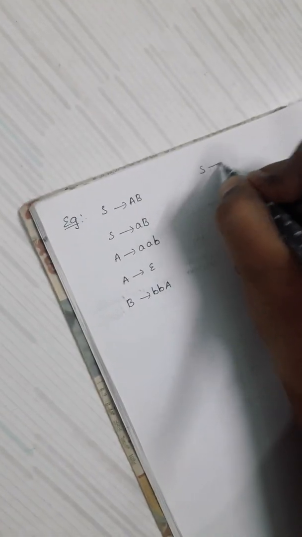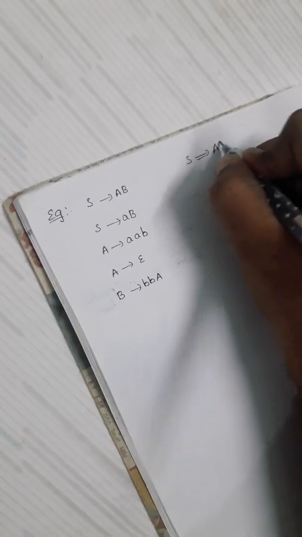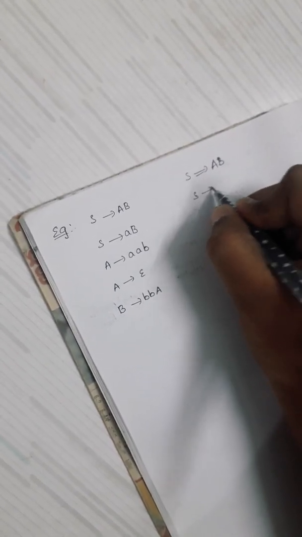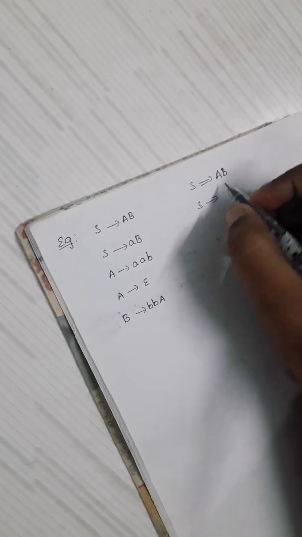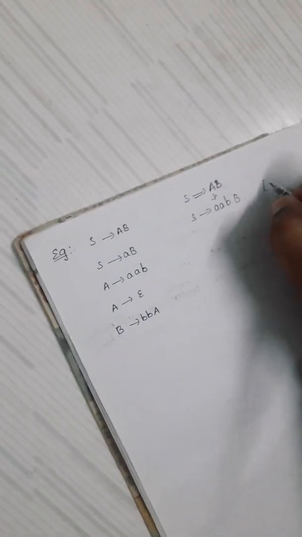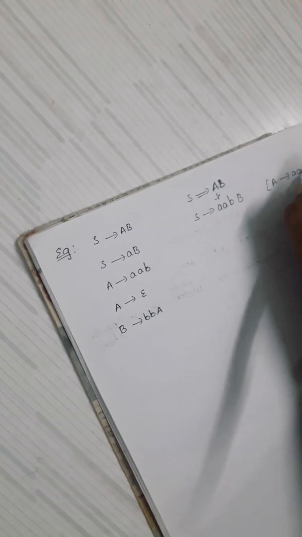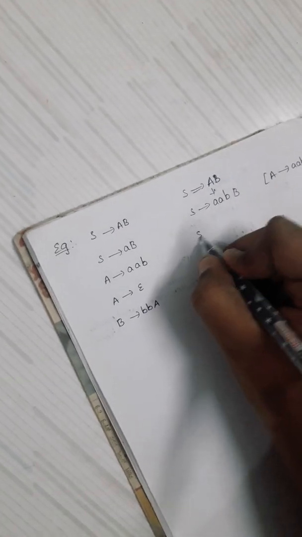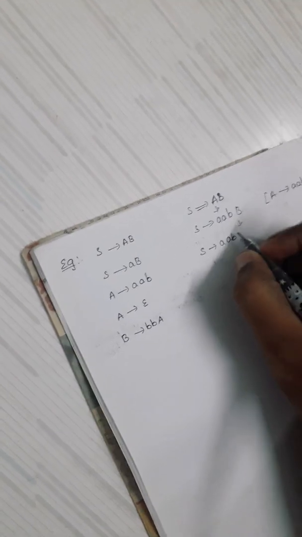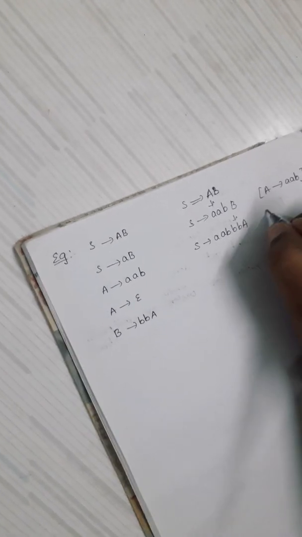For this rule we are getting, for A we can write AAB because of this, and for B we can write BBA.